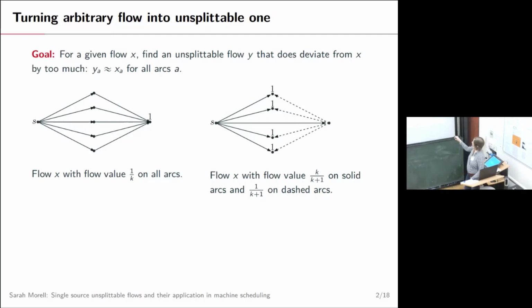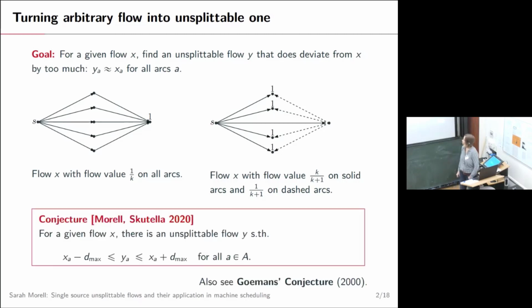Then we have K over K plus 1 here, and then it is split up and is coming from the other side with a flow value of 1 over K plus 1. Now, if we choose an unsplittable flow here, it means that on one of those solid arcs we have flow value 0. So we are very close to a lower bound for those flow values of XA minus Dmax.